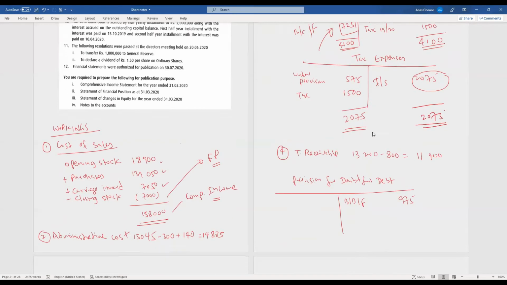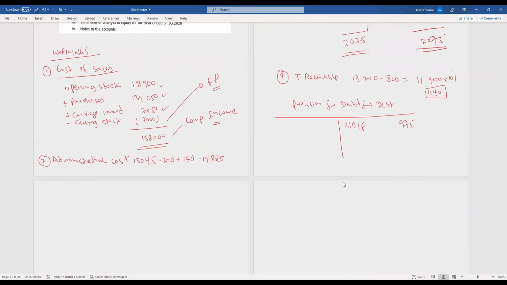So when you calculate 10% provision, the provision should be how much? 1,140. So this provision account should be not 975, it should be 1,140. So the balance carried forward should be 1,140. So therefore, there is an under provision of bad debts by how much?